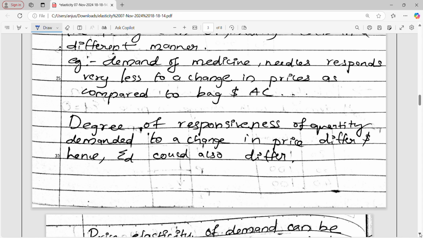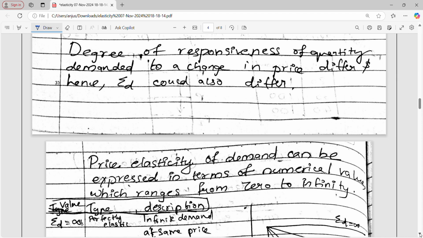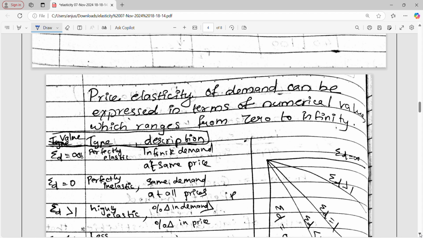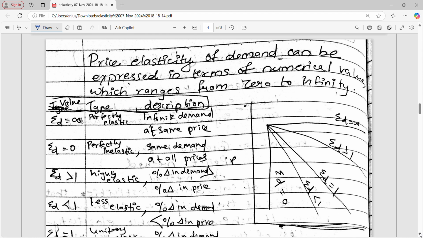The degree of responsiveness of quantity demanded to a change in price differs depending on the particular good. This is how we note that price elasticity of demand can be expressed in terms of a numerical value which ranges from 0 to infinity.